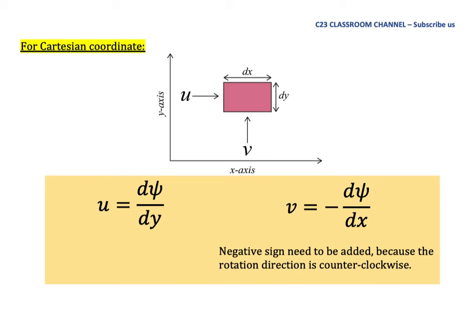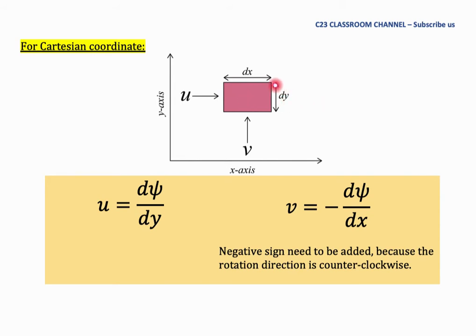So now we will discuss the stream function for Cartesian coordinates. First, you need to draw this diagram. So this is the Cartesian coordinates. We have the x-axis here and the y-axis here. So we draw a rectangular box here to show the element of fluid in Cartesian coordinates.